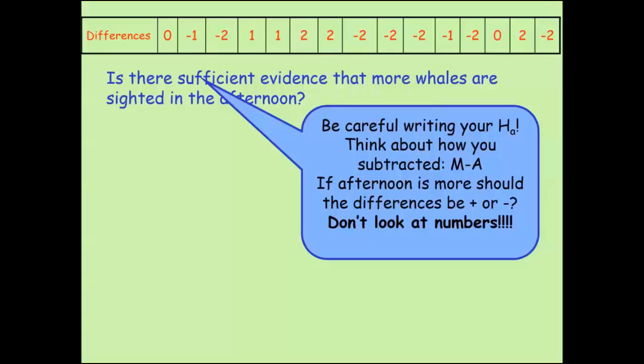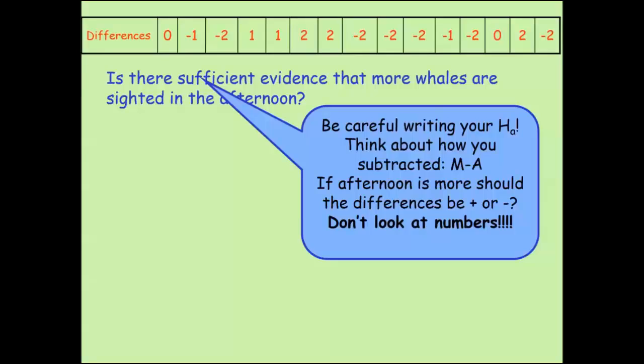Because we ended up subtracting morning minus afternoon, we have to think about directionality here. Where do we think there's more whale sightings? If I expect there to be more in the afternoon, maybe after lunch they're more visible, then I would expect the afternoon to be a larger number in general, and so I'd expect to see more negatives than positives.